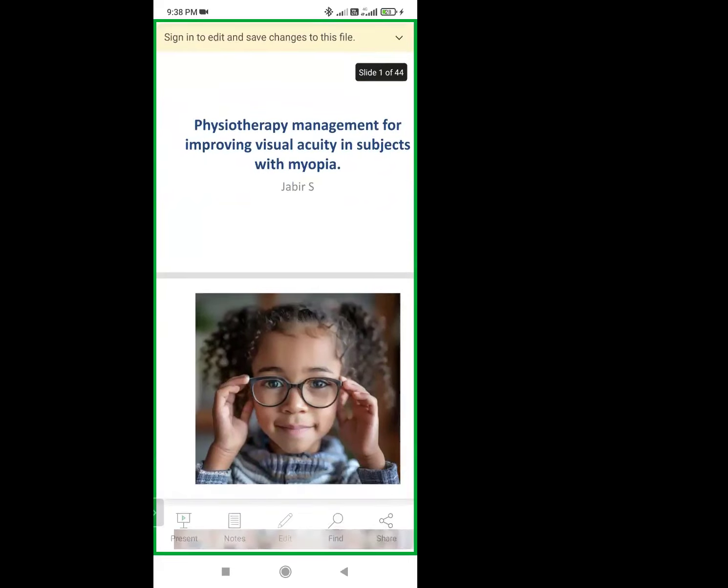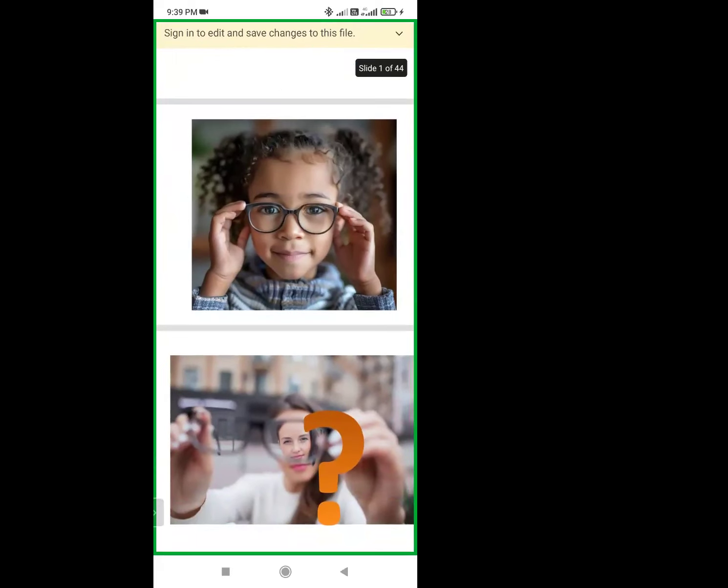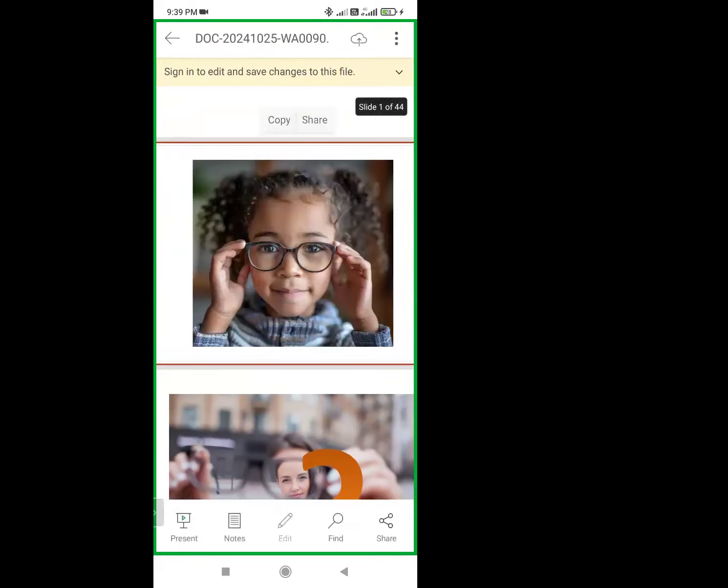So we'll continue. First of all, let me tell you a short story. When I was 15 years old, it was the first time I got visual problems. I was not able to focus on the board at school.